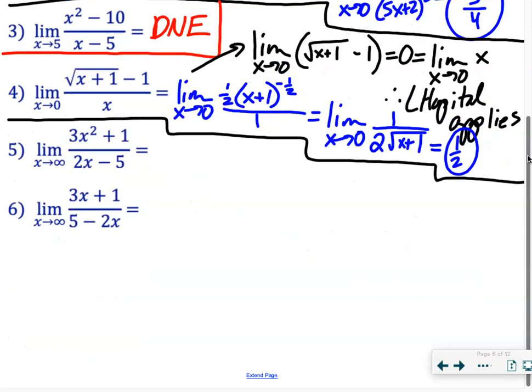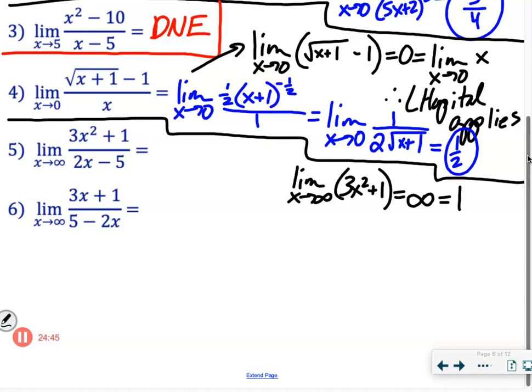Next one, if we plug in an infinity on top, what do we get? Infinity. If we plug in infinity to the bottom, what do we get? Infinity. So for this one, when we justify our L'Hopital, we're going to write the limit as x approaches infinity of 3x squared plus 1 equals infinity, which equals the limit as x approaches infinity of 2x minus 5.